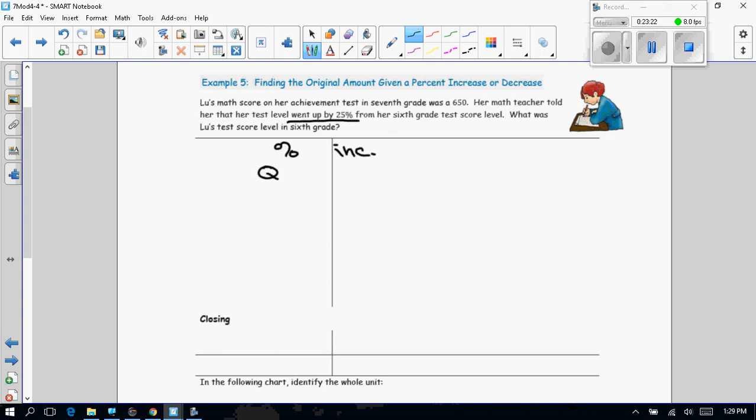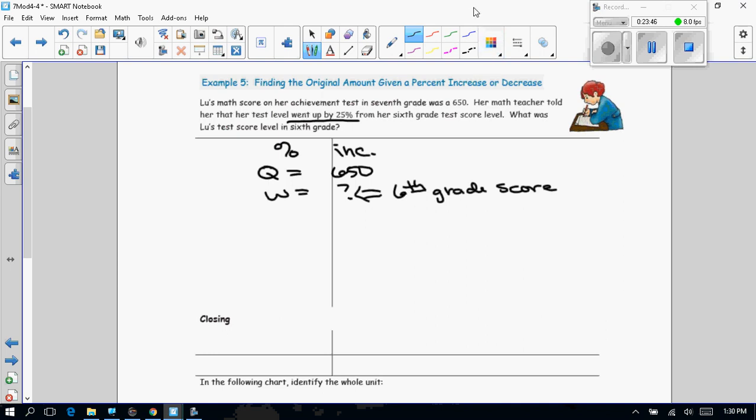So our quantity in this particular situation is 650. Our whole is what we don't know. We don't know what it was last year in 6th grade. We don't know the 6th grade score. And that's what we're trying to figure out, because it's what we're comparing it to.